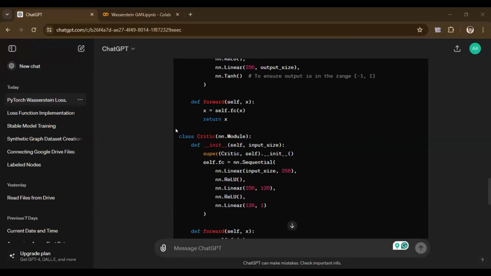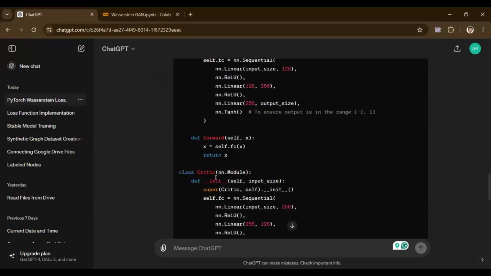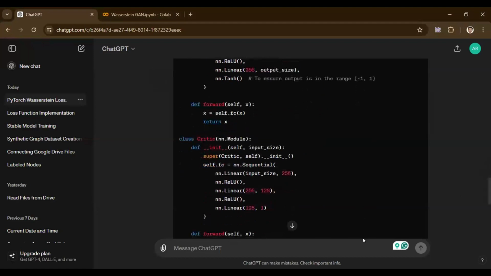Let's see if we can find out why it's named critic and what it does, in ChatGPT. What does the critic architecture do? Let's see.